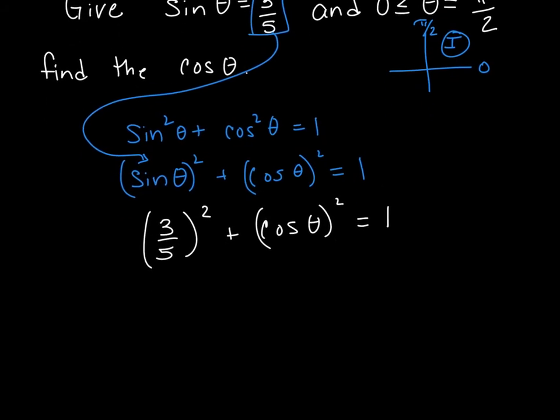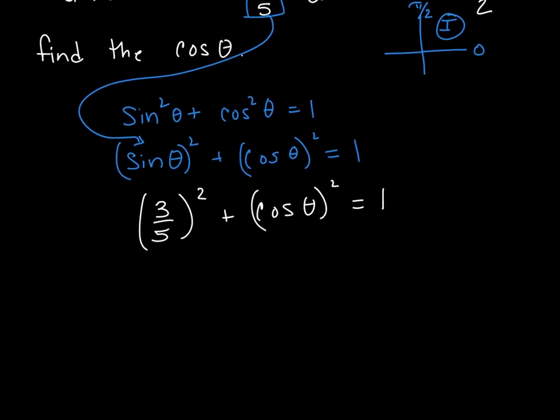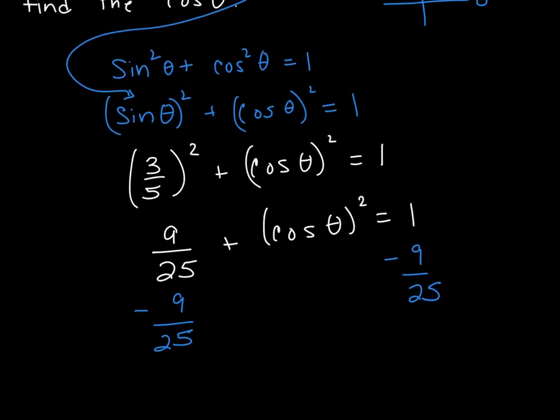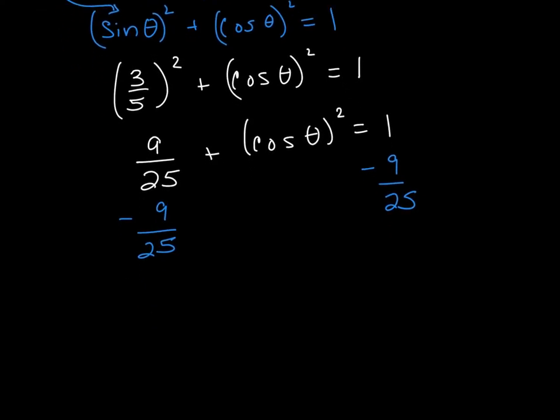Now, this takes a little bit of math, but not much. I go through and I square my fraction. When you square a fraction, it's just numerator squared and denominator squared, so that becomes 9 over 25 plus the cosine of theta squared is equal to 1. Now I have to subtract 9 over 25 from both sides. I need to find a common denominator here.